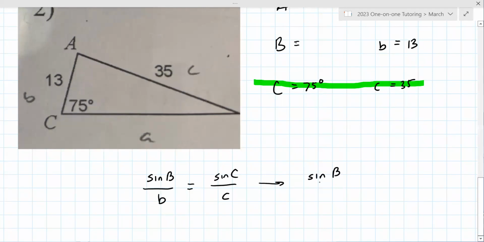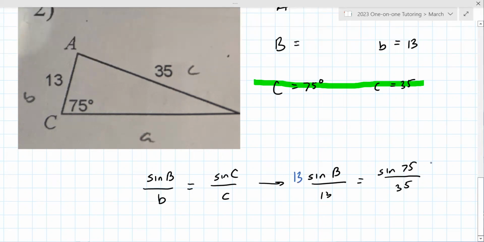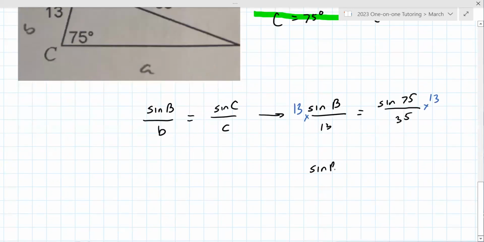Sine big B, we don't know, but little b is 13. Sine 75 over 35 like this. So to solve for angle B, you're going to multiply both sides by 13. So you're left with sine B equals 13 sine 75 all over 35.